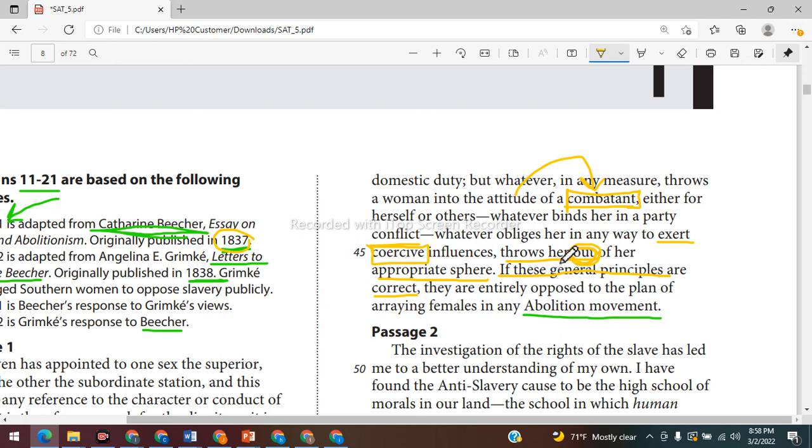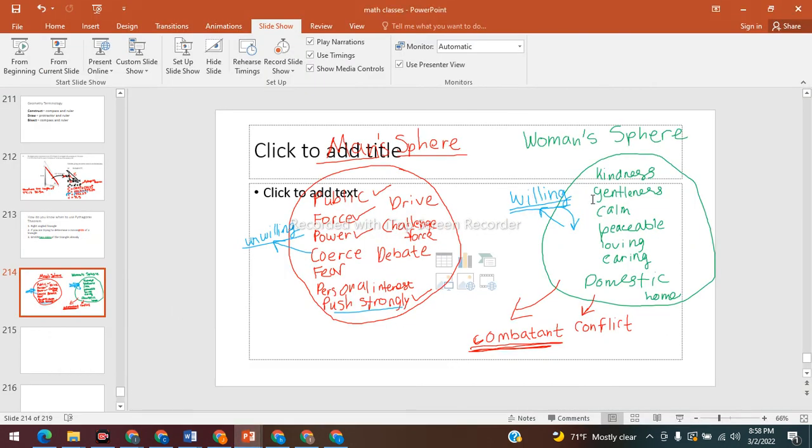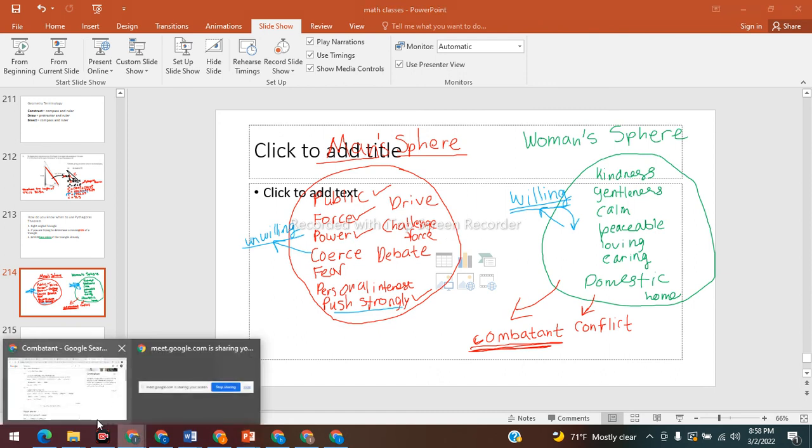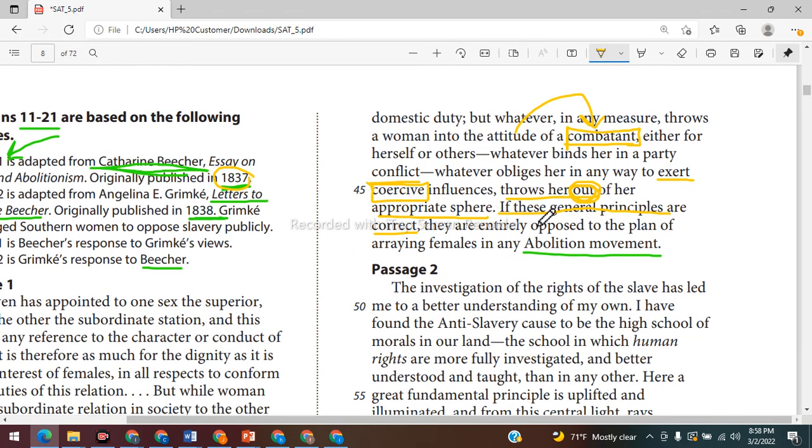Now, she's saying that if what she is saying makes sense and is true, then they are entirely opposed to the plan of arraying females in any abolition movement.